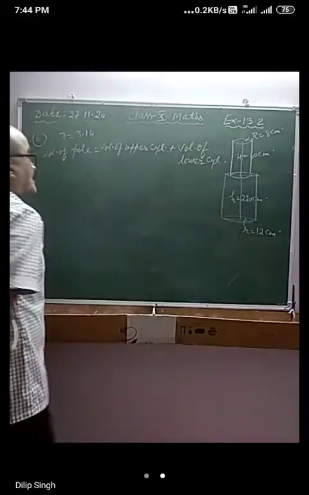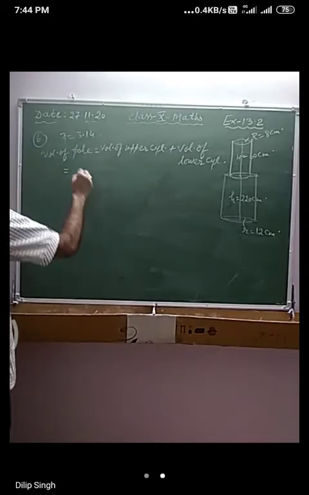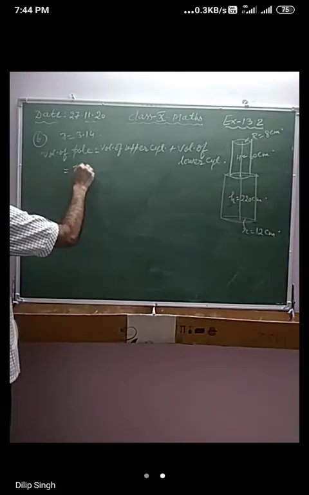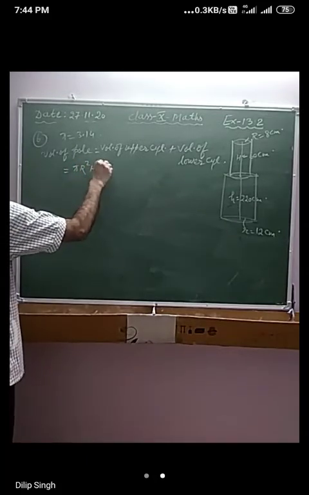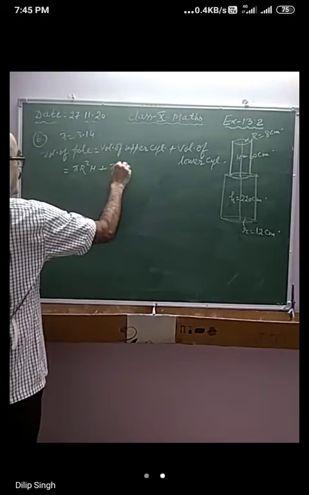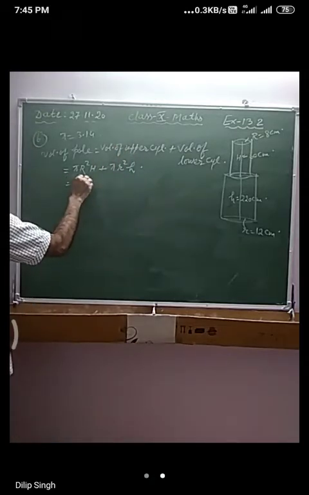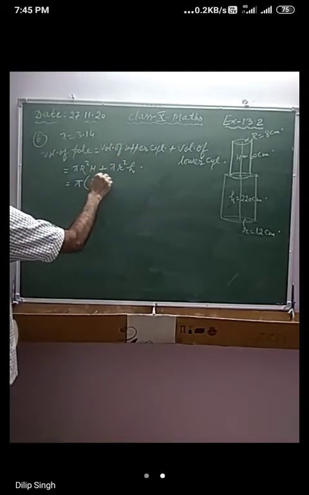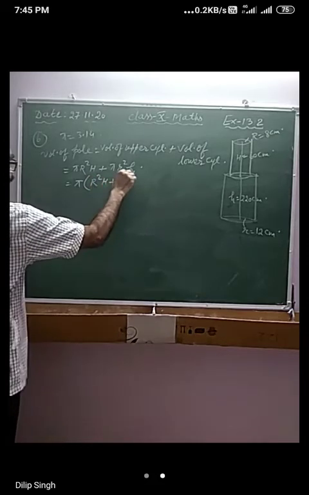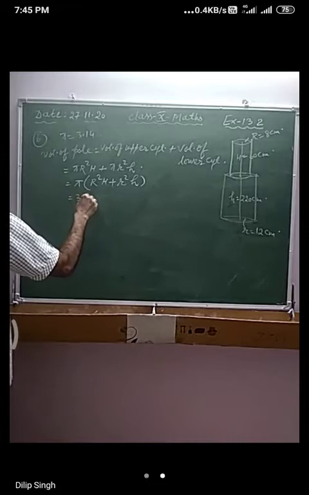Only you have to apply the formula here. So volume of upper cylinder will be equal to pi R square H, and volume of lower cylinder will be equal to pi small r square h. Only pi is common here, so you can take out pi common. R square H plus r square h. So pi is given 3.14, right?